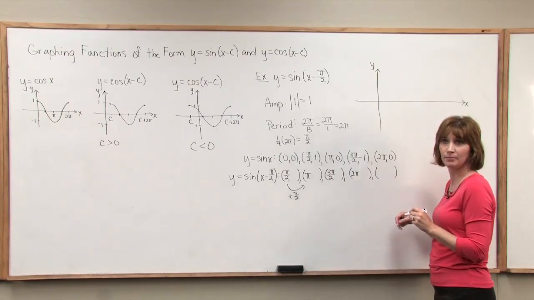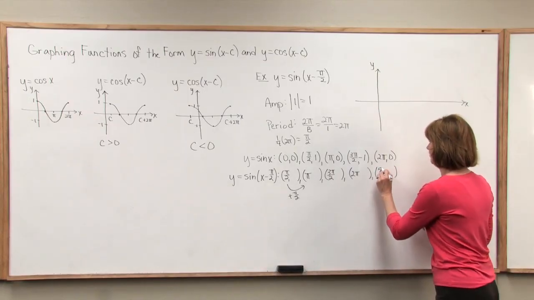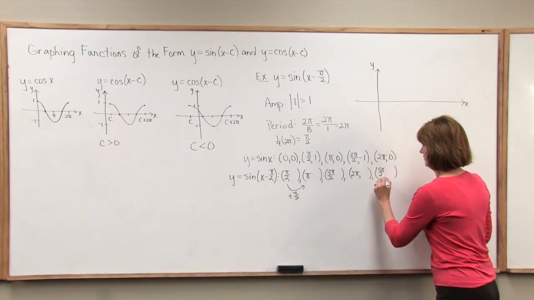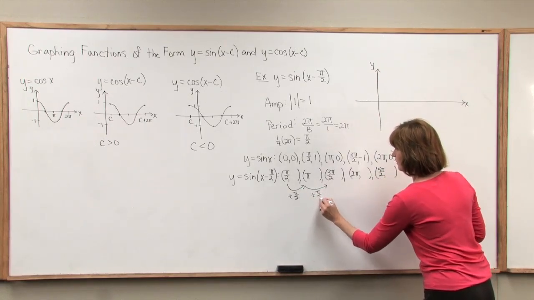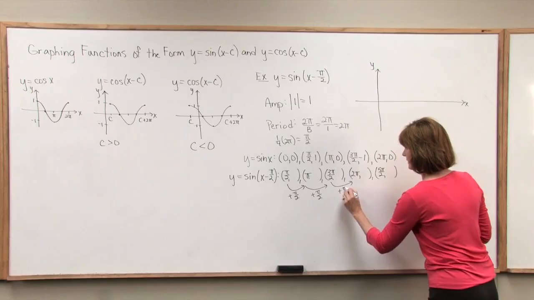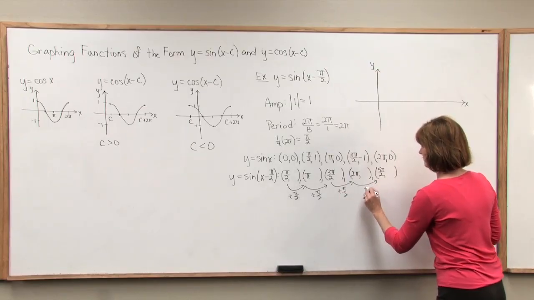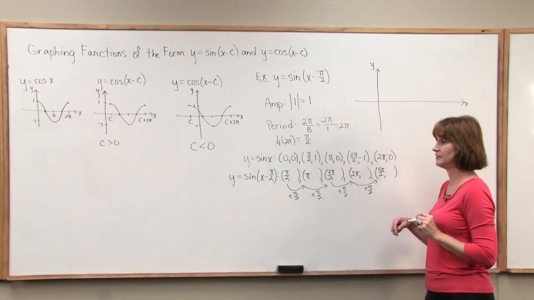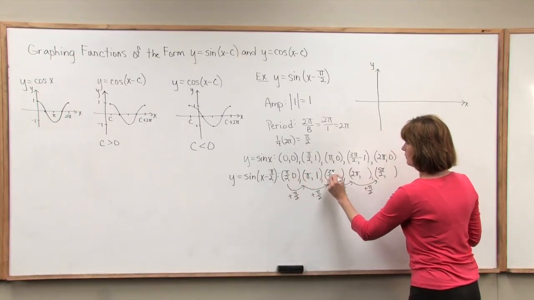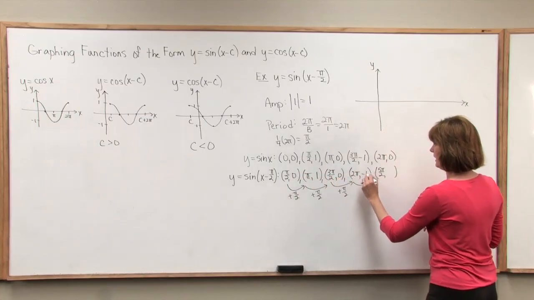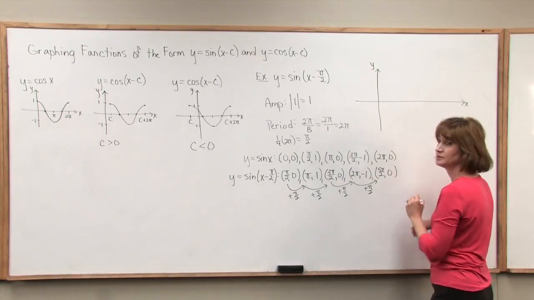And 2 pi plus pi over 2 would be 5 pi over 2. So again, all we're doing is we're adding 1/4 of the period to get these x-coordinates. Now the y-coordinates haven't changed at all, so we're going to have pi over 2, 0, pi, 1, 3 pi over 2, 0, 2 pi, negative 1, 5 pi over 2, 0.